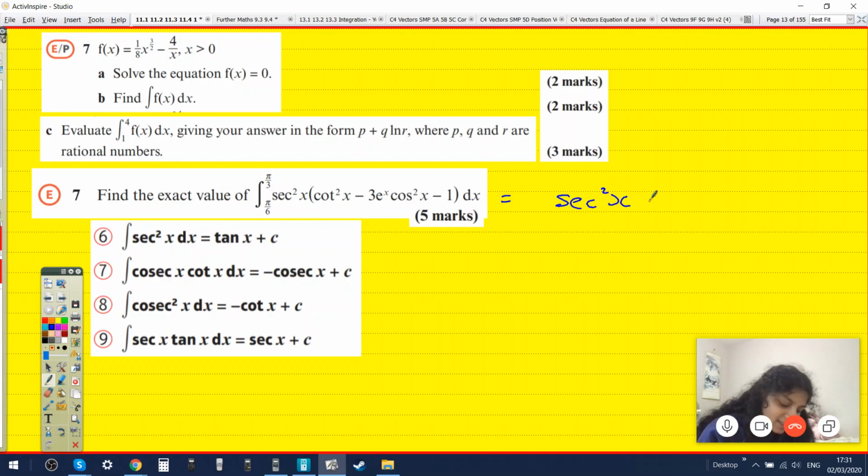The first term is sec squared x cot squared x. So no. Let me see. Well, sec squared x is tan x and integrate. But you'd have to do like product rule. Let me see. I'm just thinking.